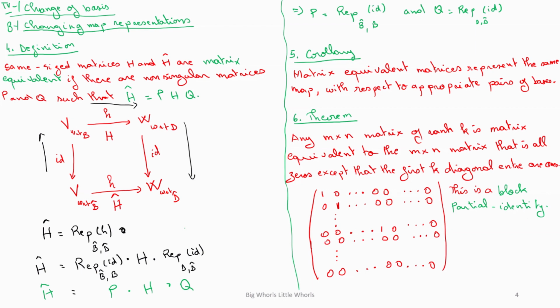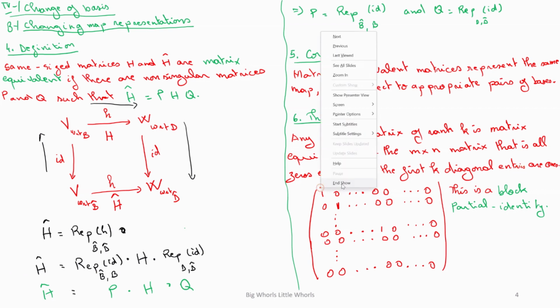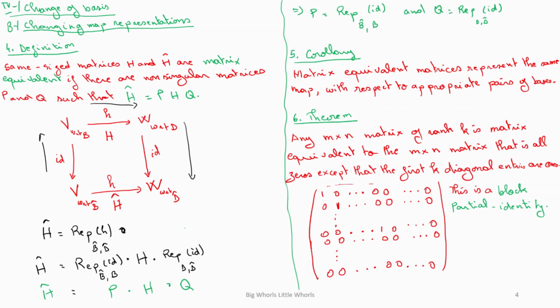Okay, why? Because the matrix is all zero except that the first k diagonal entries are ones. These are entries. Maybe let me change color.